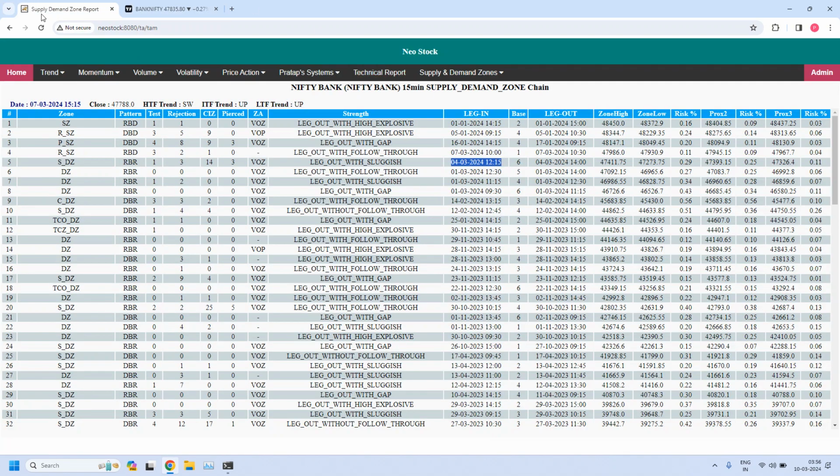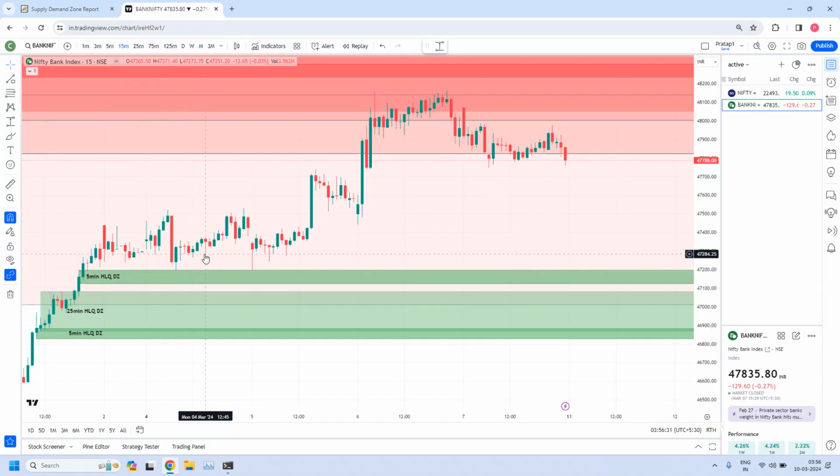Fourth March, 12:15. After that 6 base candles: 1, 2, 3, 4, 5, 6. So here we have a zone, but see, this 15 minute zone is pierced. Actually it is getting the orders from this 5 minutes high liquidity zone. This is the reason. So anyway, that is a pierced zone. We don't look into that. Actually this 5 minutes high liquidity zone is holding the prices.